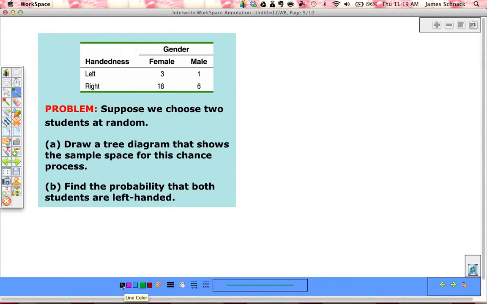So in our tree diagram, event 1 is picking a student, and we're looking at, are they left-handed or not left-handed, the complement of being left-handed. And then a second pick, we look again, is the student left-handed or not left-handed?